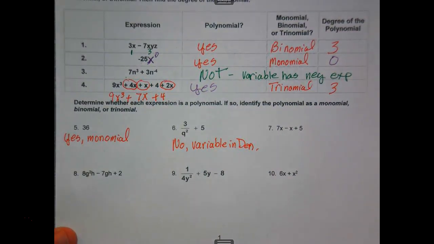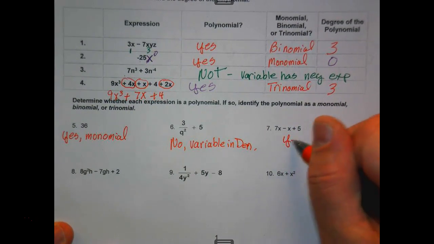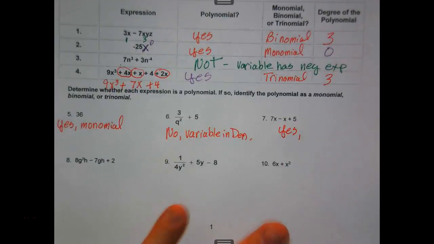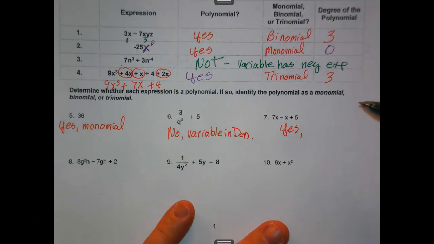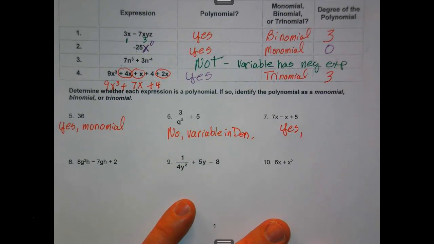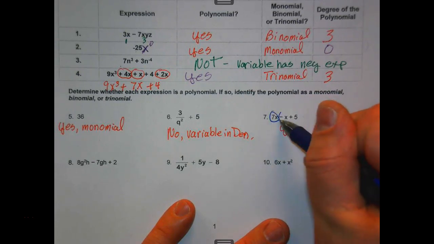Number 7. Polynomial? Yes, there's no negative exponents on the variables. What kind? Sure. Can I combine any like terms? Binomial.